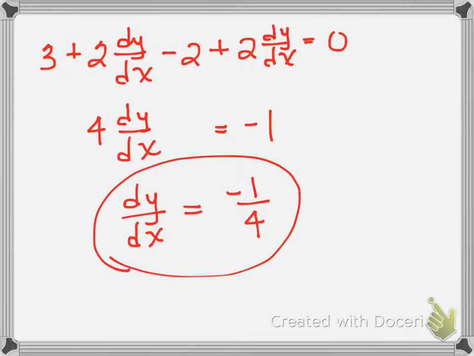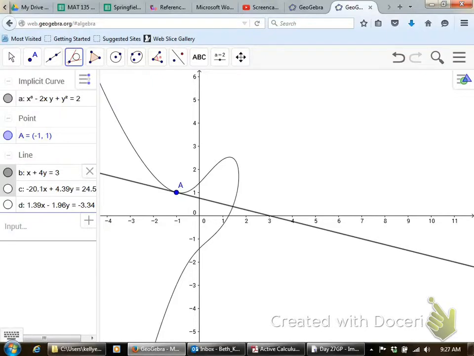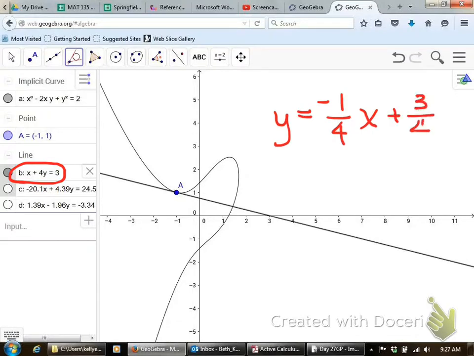If we go back and look at our graph, that's saying this line has a slope of negative 1/4, and that looks very plausible. In fact, over on the left-hand side here, it says exactly what the equation for that line is: x plus 4y equals 3. If we solve for y, we should get negative 1/4 x plus 3/4, and we see that slope is right there.